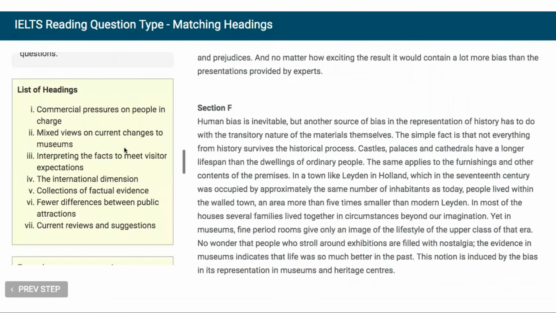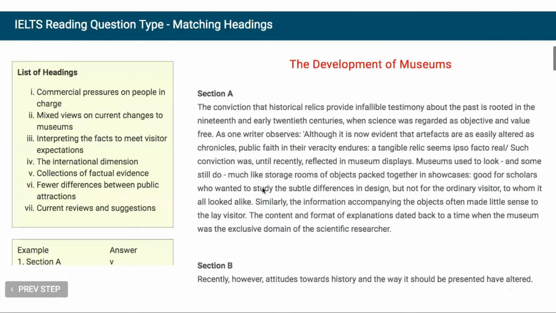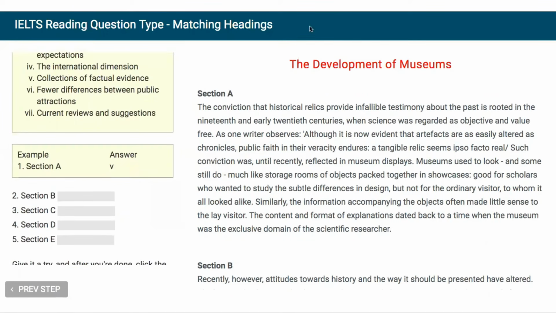Okay, so let's go down here. Let's go back up. And just to review the answers that we wrote in our margin notes, I'll go here and get my pen. Now, for number 2, section B, we said II, so to number 2, mixed reviews on current changes to museums.